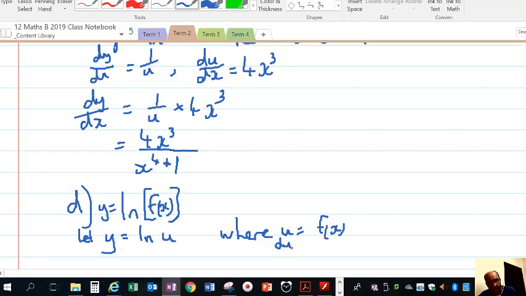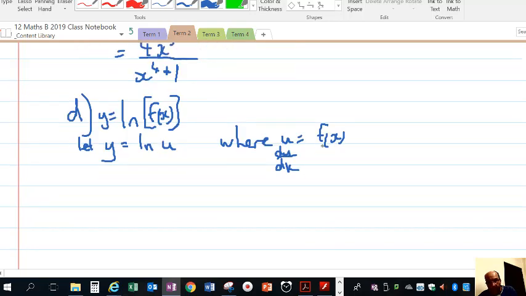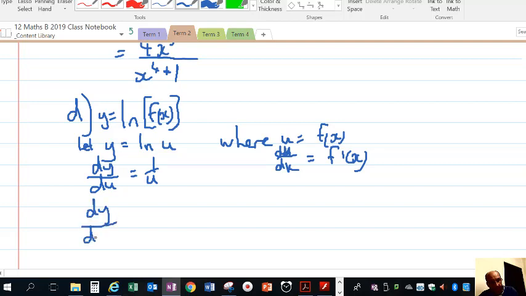So du dx equals f dash of x. The derivative equals the derivative, and dy du equals 1 over u. Alright, so using the entire chain rule, dy dx equals dy du times du dx, which is 1 on u times f dash of x.